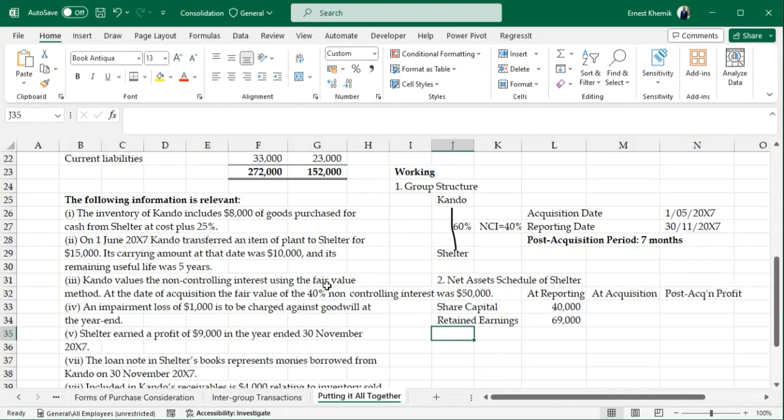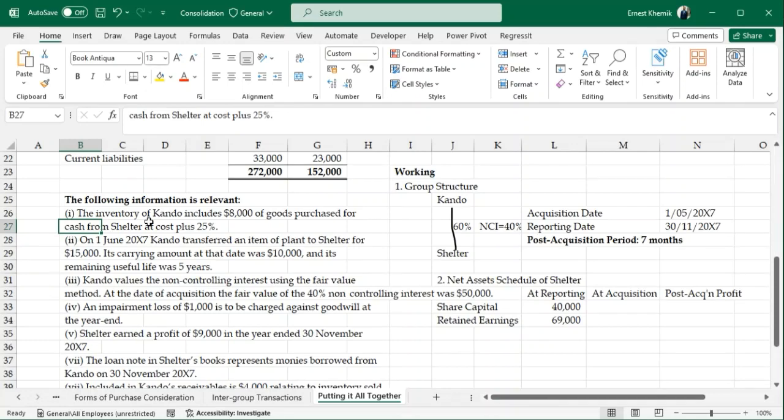All right, and here we are talking about just items relating to the subsidiary. Now the first information here is that the inventory of Can Do includes 8,000 of goods purchased for cash from Shelter at cost plus 25%. In this case, Shelter has sold goods at cost plus 25% to Can Do, and an amount of 8,000 of these goods is still in the inventory of Can Do, the parent.